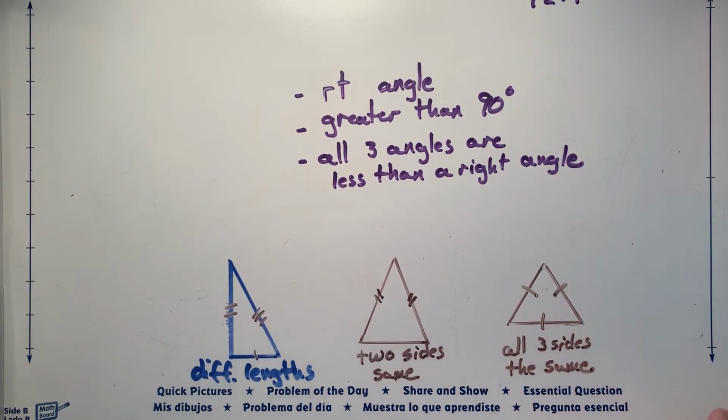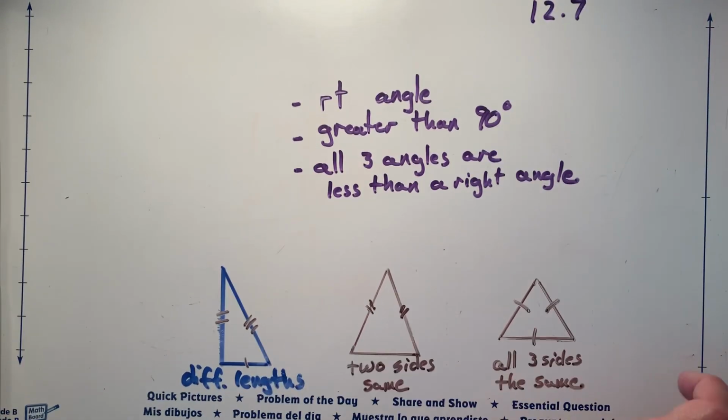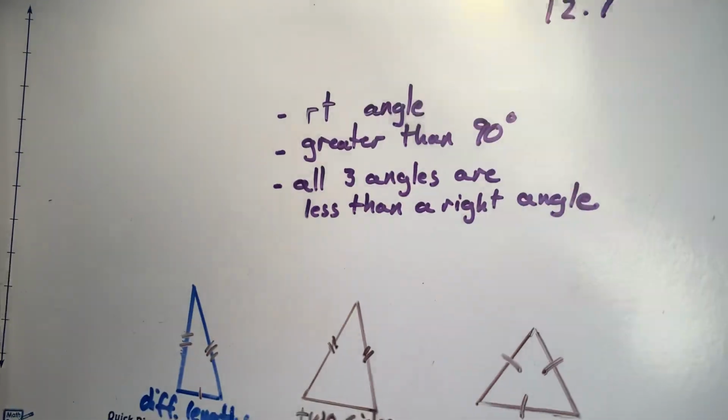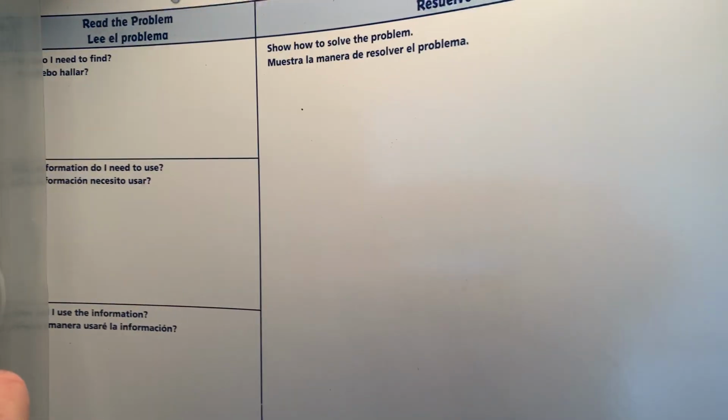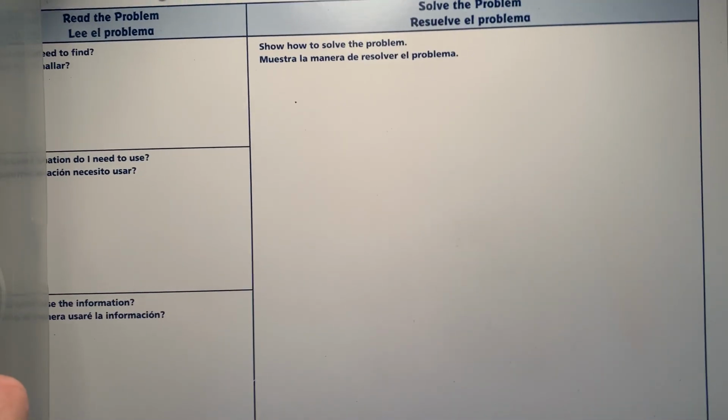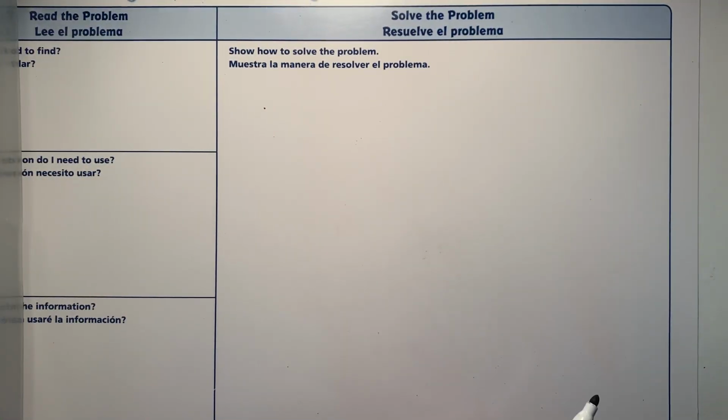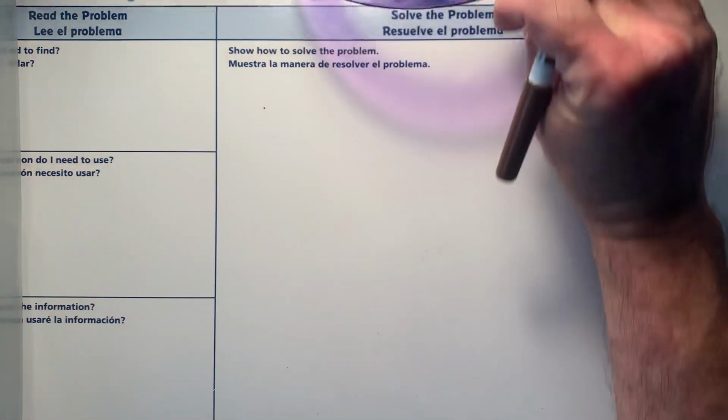I'm going to pull this up and turn it over, just so I can write on it. I'm going to use that other side in the next video. Okay, so we've got some open space right here.